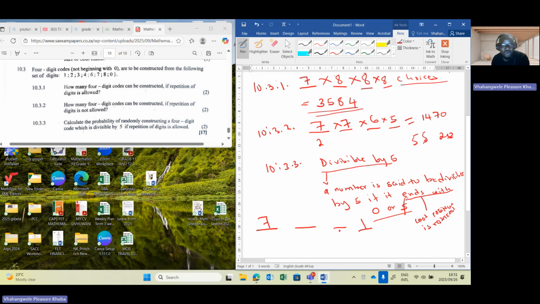Now we are left with 2 positions to fill up. They are saying repetition is allowed, meaning you can use one digit as many times as you can. So when repetition is allowed, the number of choices will not change. How many choices do we have here?